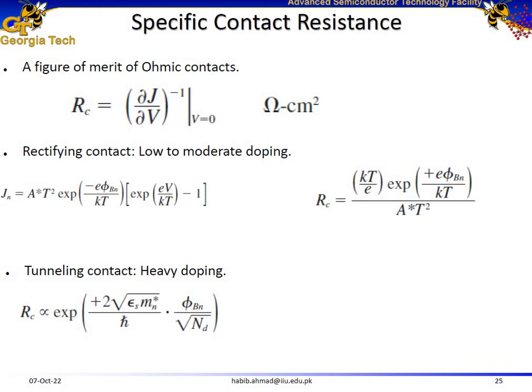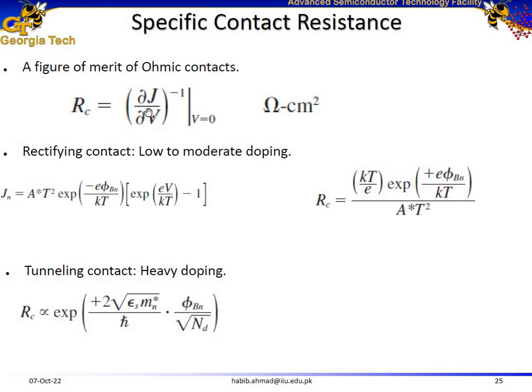So you need to measure your specific contact resistance to determine where the diode behavior is coming from. And for making contact to devices, for example, to p-n diodes, PIN diodes, HEMTs, lasers, LEDs, you want to have low specific contact resistance, or you want ohmic contacts. You want to make ohmic contacts to these devices.